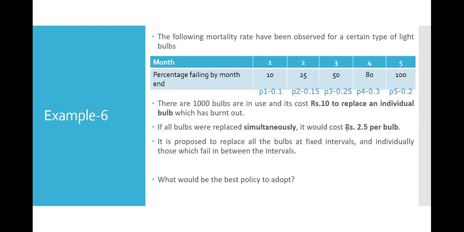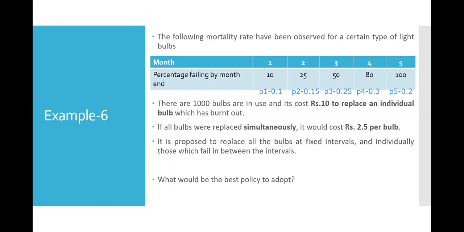It is proposed to replace all the bulbs at fixed intervals. So based on the probability of failure, we must replace the bulb as and when it fails, as well as at certain intervals, and we have to find out that interval. And what would be the best policy out of these two to be adopted?